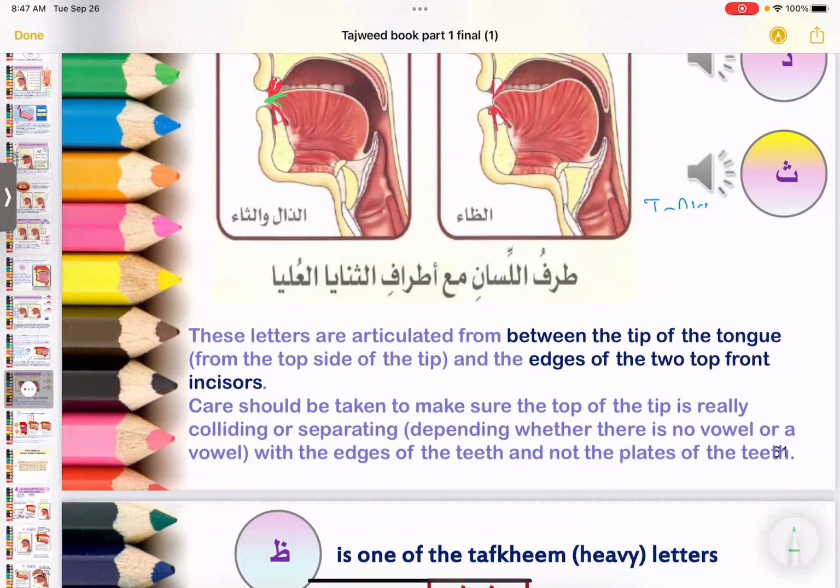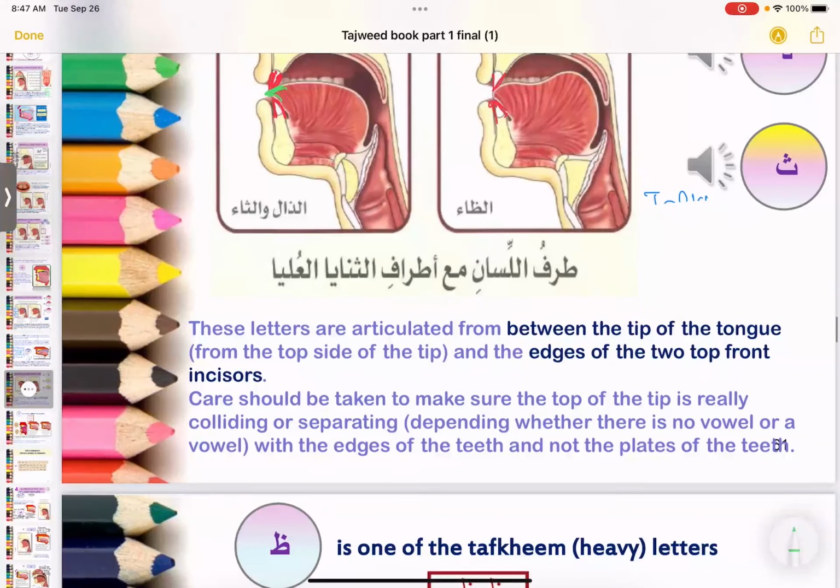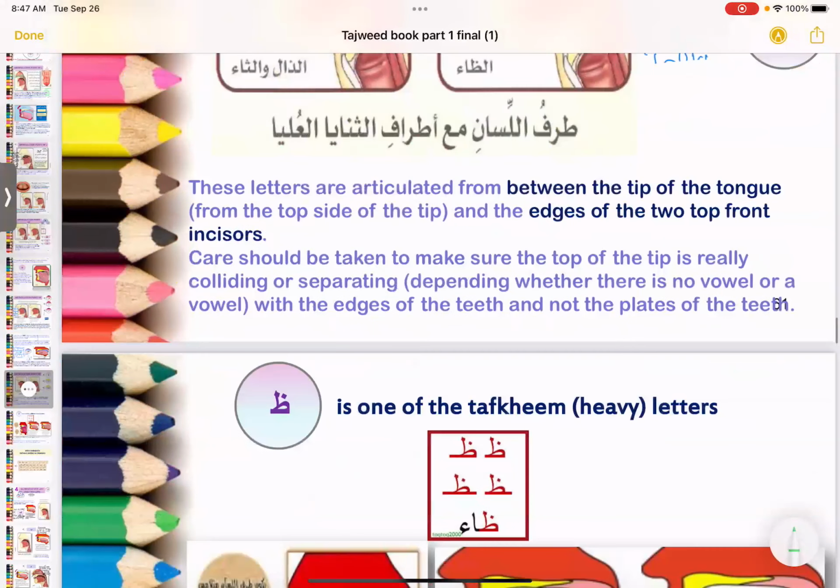What should we pay attention to? We have to make sure that the tip of the tongue is against the top tooth. Okay, it is touching the tooth. We have to make sure that is what you're doing.